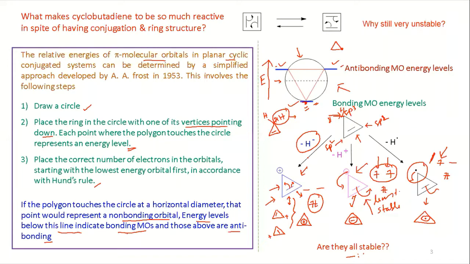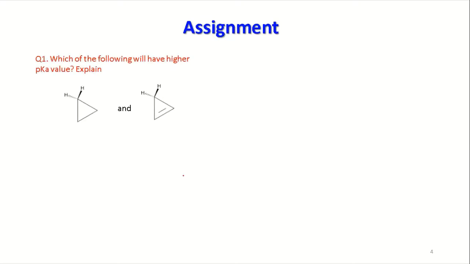Now based on that you will have many examples, and you have to look into them. So for example, let me give some questions showing how we can apply this. Here, compounds 1 and 2 are given. Which of the following will have a higher pKa value?